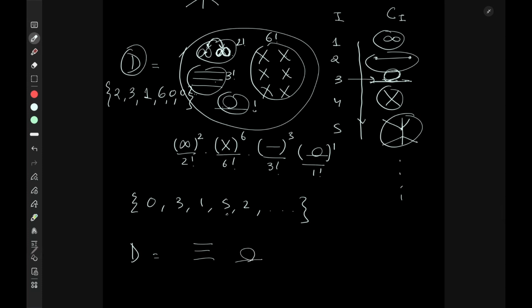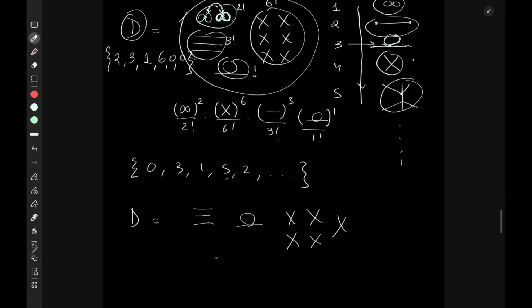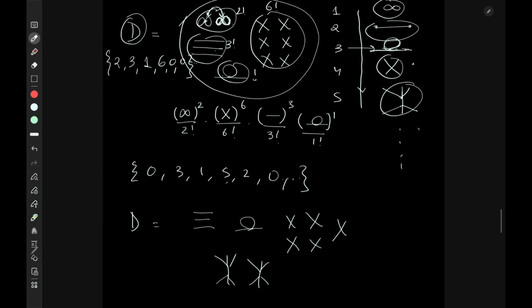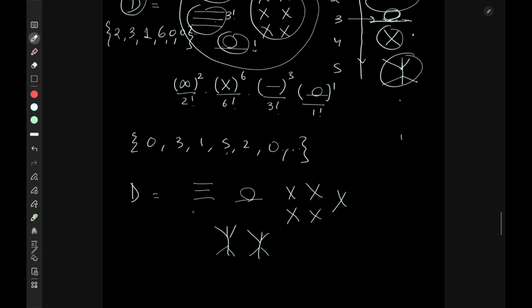Similarly, 5 of these x's and 2 of these. And this is the diagram, and 0, and let's say others are also 0. So 0 of whatever this weird diagram would have been, and all others are also 0.